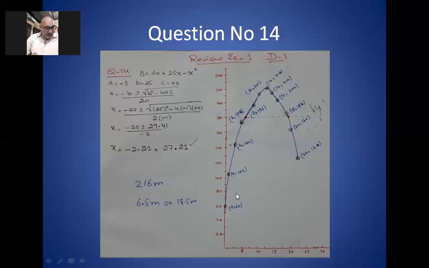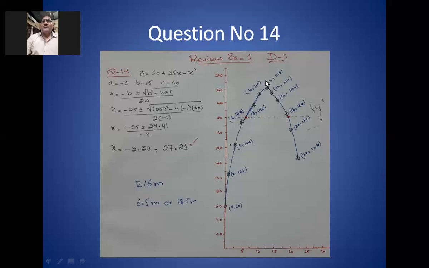Then I plotted these points: 0, 60; 2, 106; 4, 144; 6, 174; 8, 196; 10, 210; 12, 216; 14, 214; 16, 204; 18, 186; 20, 160; and 22, 126.